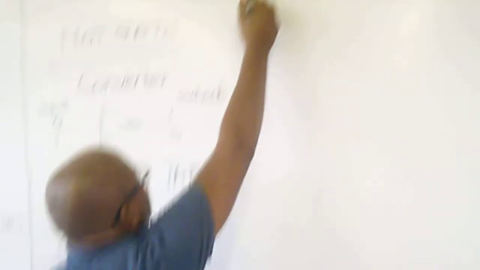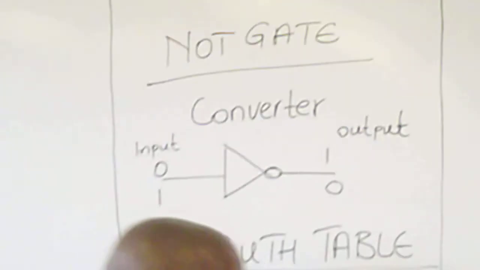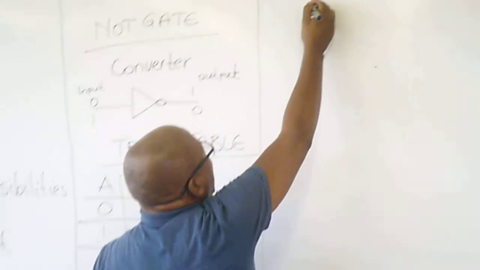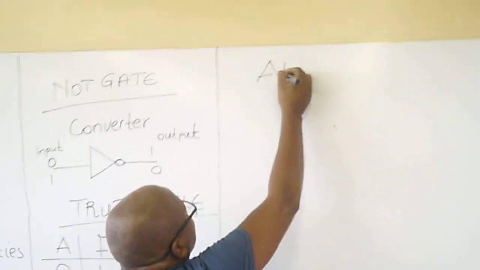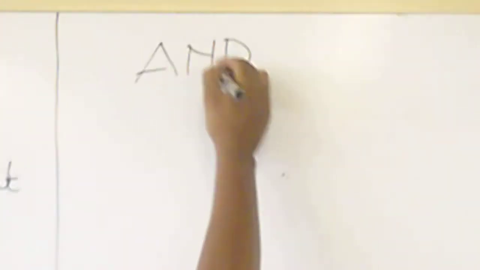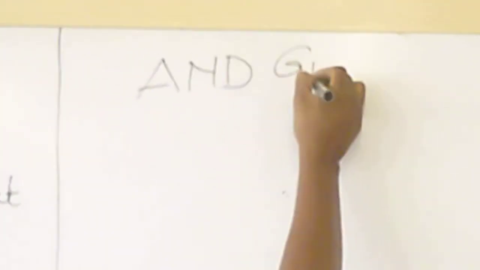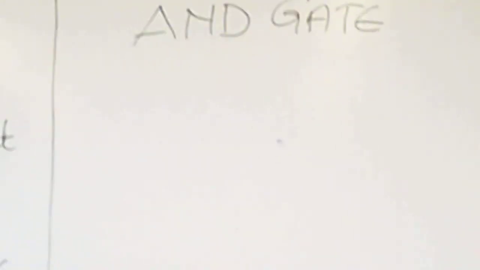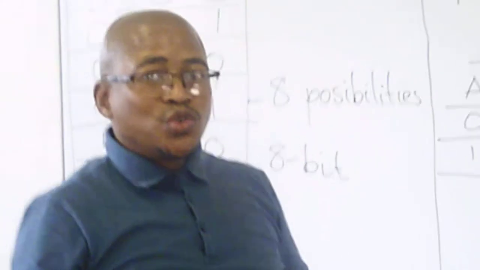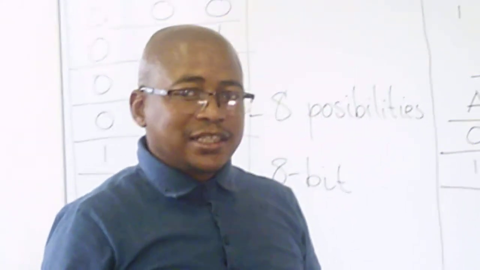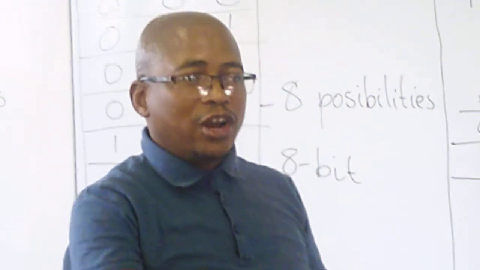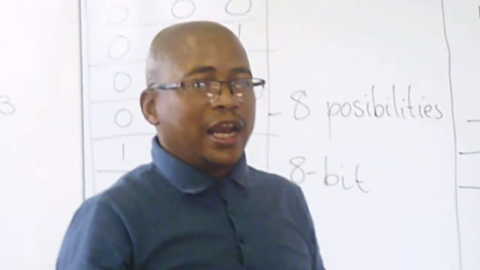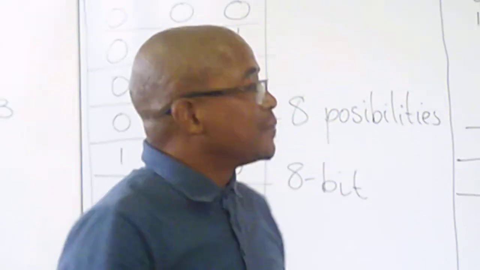Let's make something that is a little bit more practical. Let's deal with what they call an AND gate. An AND gate is switches that are connected in series in order to control the output, which can be a lamp or a light.